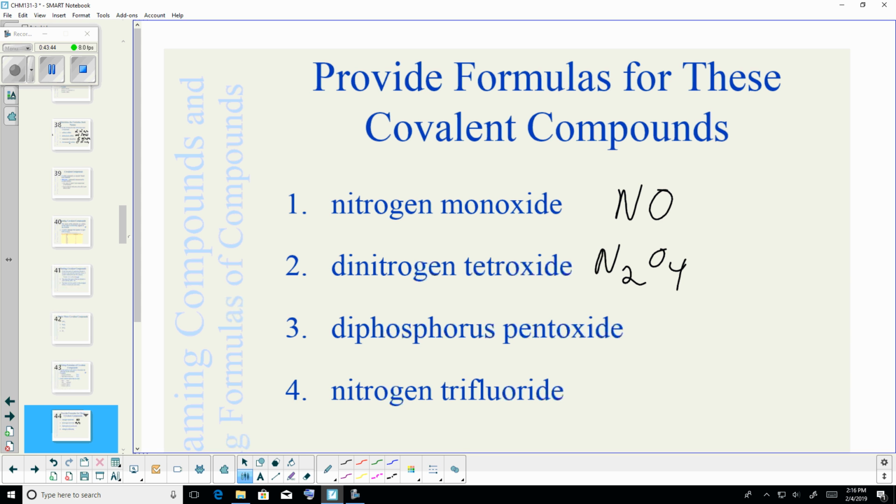Diphosphorus pentoxide. Nitrogen trifluoride, NF3. So covalent compounds are pretty simple.